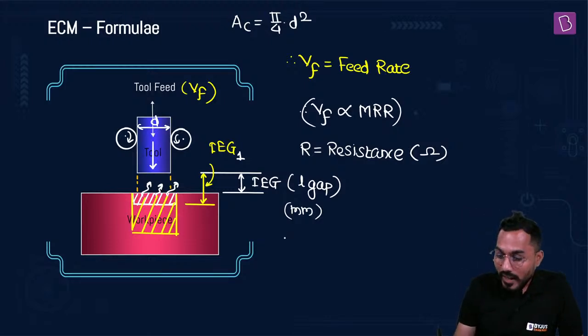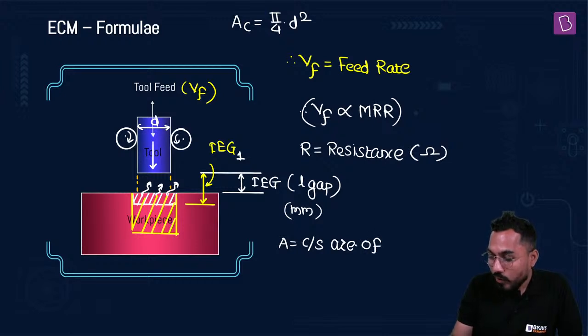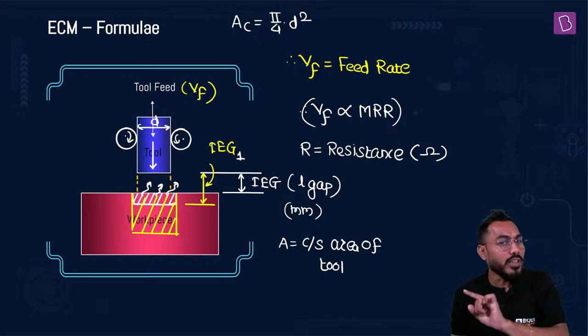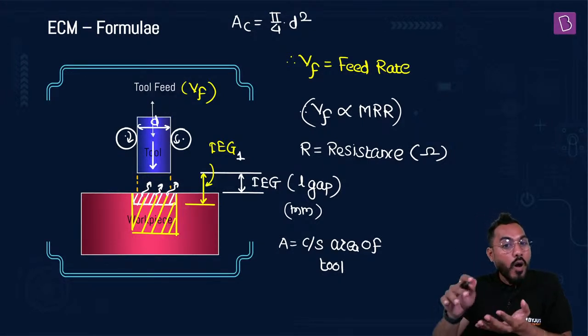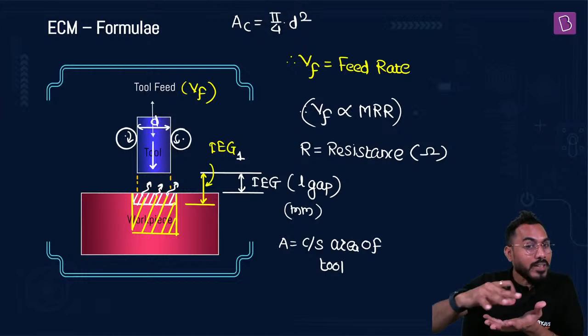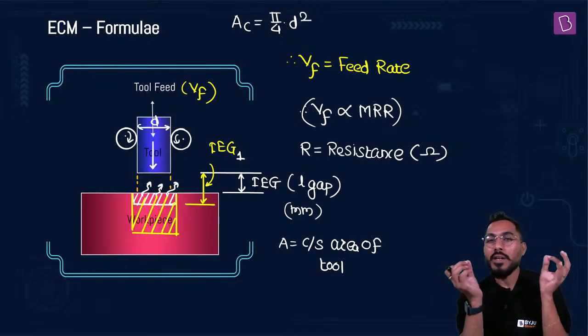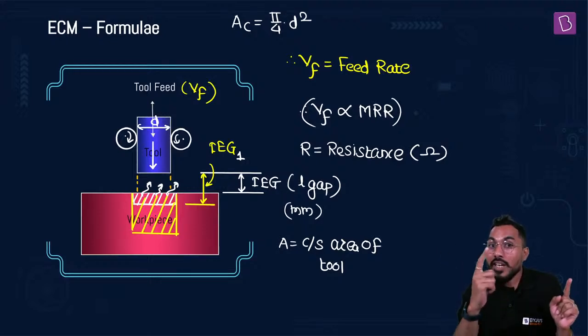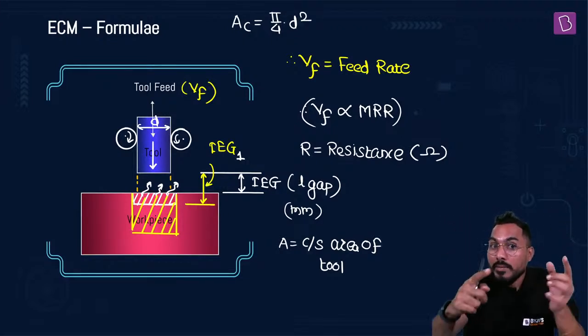So A is nothing but the cross-sectional area of the tool. Or the same area of the workpiece from where material removal takes place. Might be a little bit extra, but if I neglect that, both are the same.